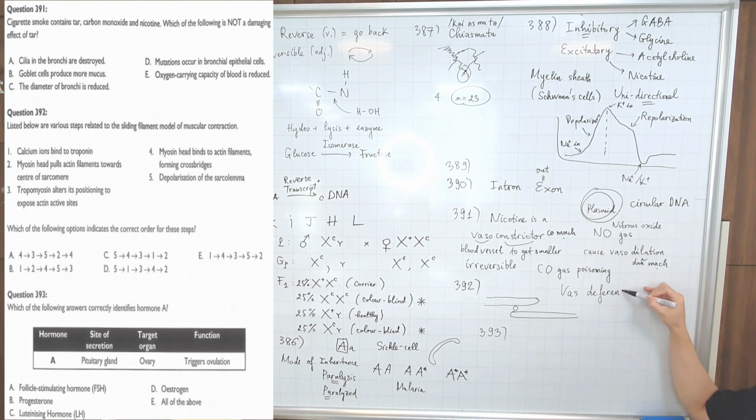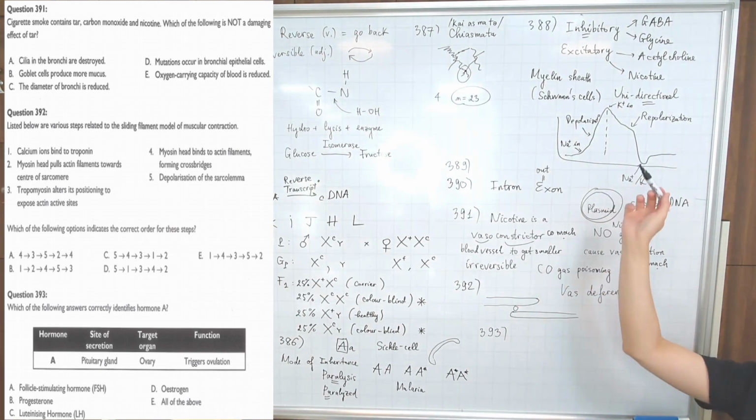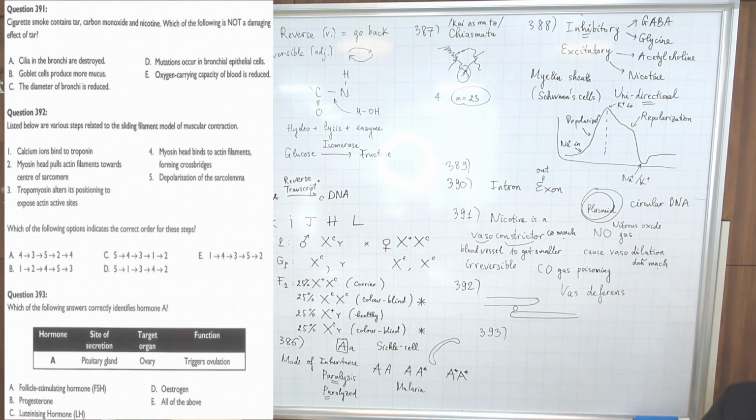Nó là ống sinh tinh đó. Vas deferens is the tubes that carry the sperm to the penis in male. Okay, FSH also helps the formation of sperms and testosterone, right? Of course.